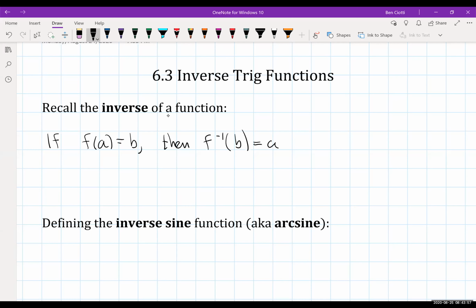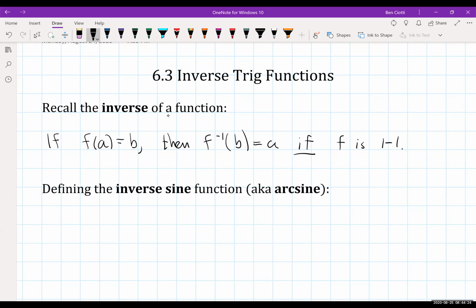There's one caveat: the function has to be one-to-one. If it's not one-to-one, then the inverse is not well defined. We don't know what value the inverse should take. There could be multiple possible such values. So that's the definition of the inverse for any one-to-one function.